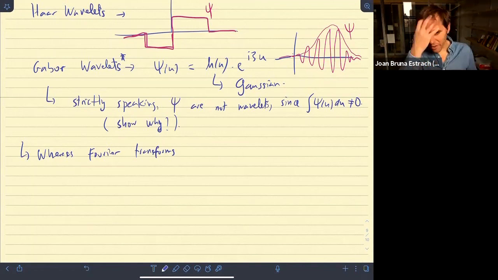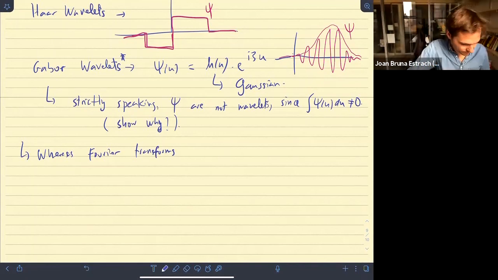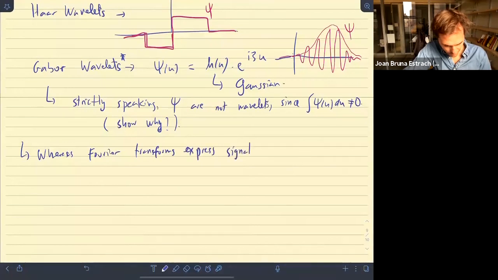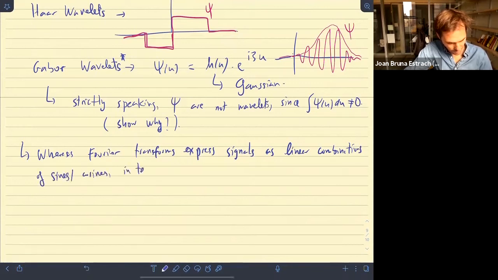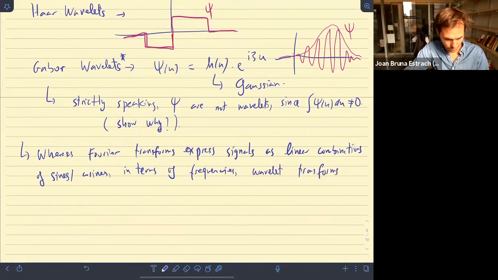Here we are going to change the perspective a little. Where Fourier transforms express signals as linear combinations of sines, basically in terms of frequencies, wavelet transforms use scale instead.